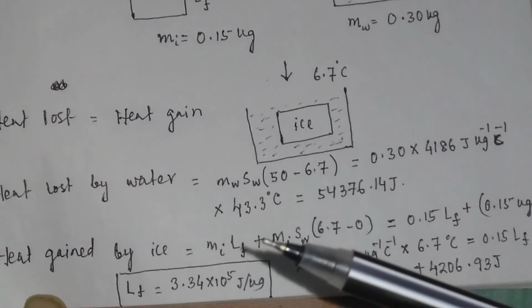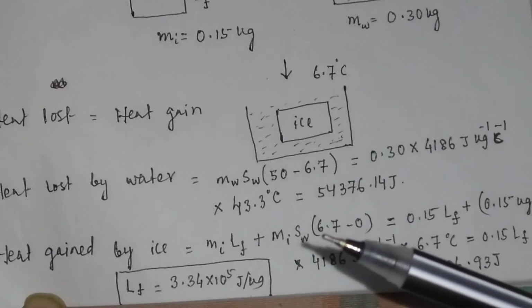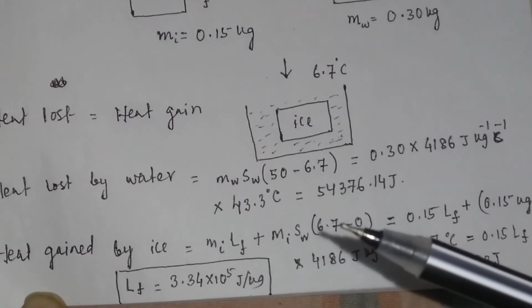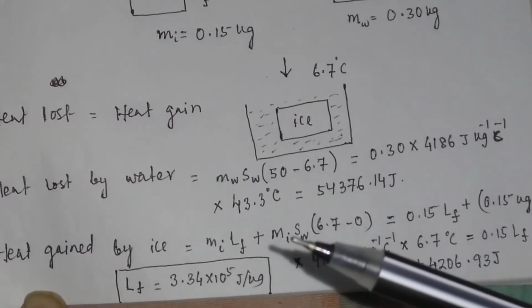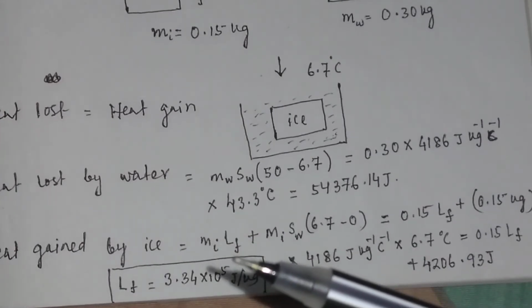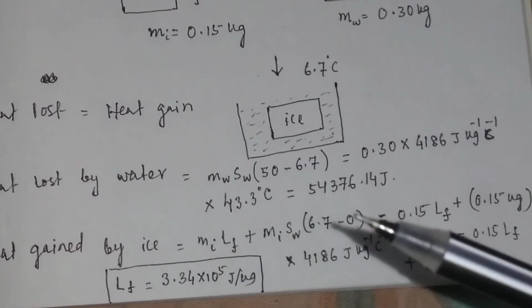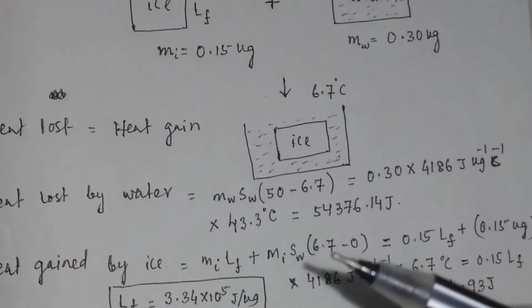plus you have to again use the equation m s (theta 2 minus theta 1), because first ice at 0 degree centigrade will be converted into water at 0 degree centigrade in phase change. Then there will be a change of temperature.